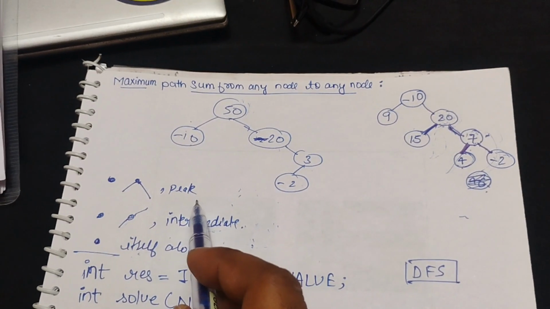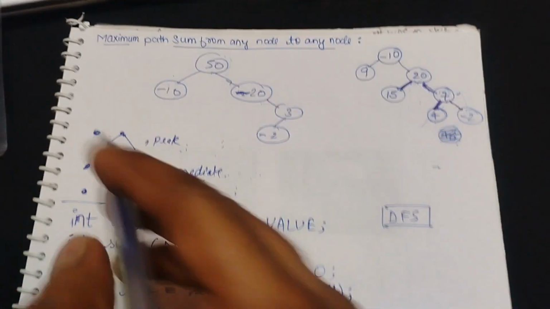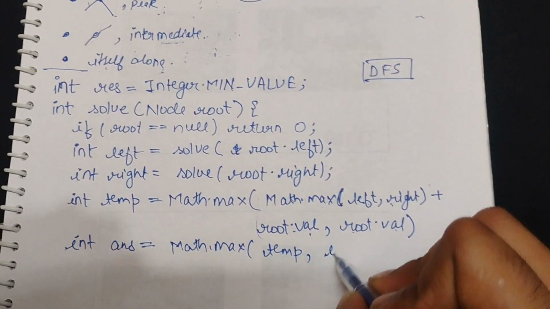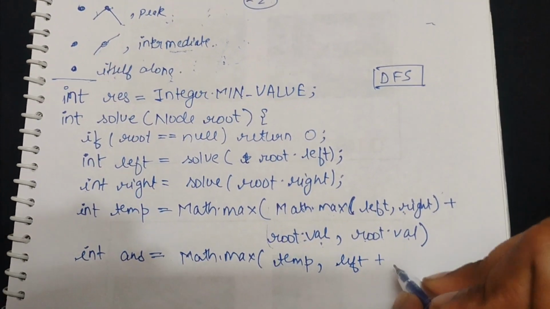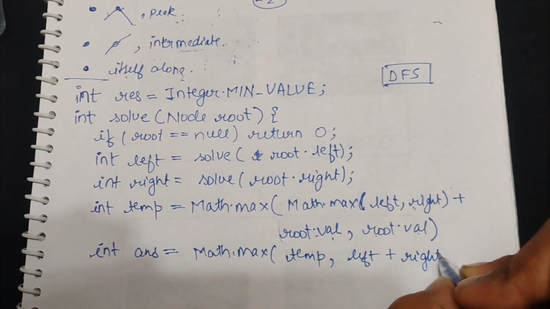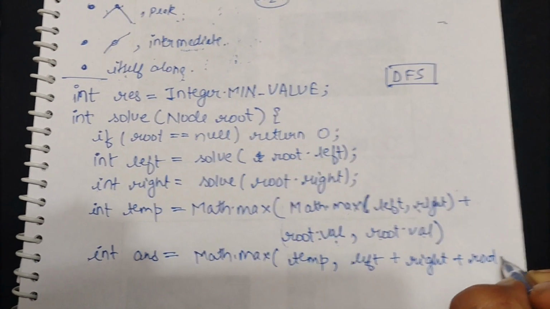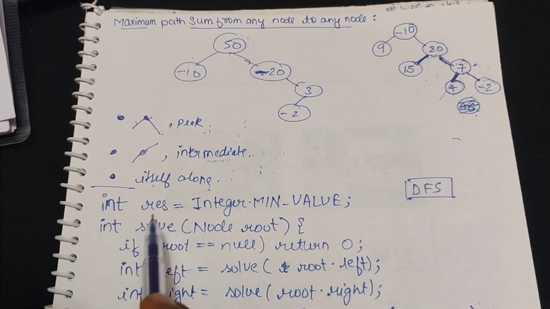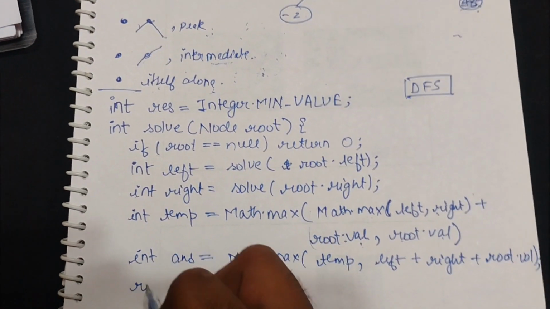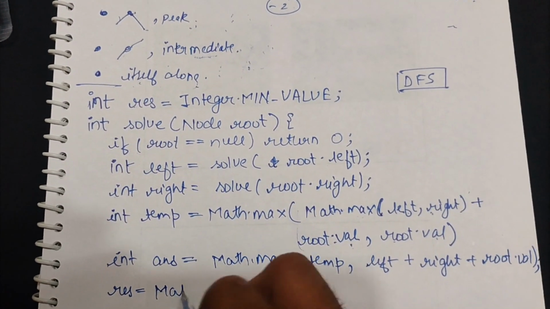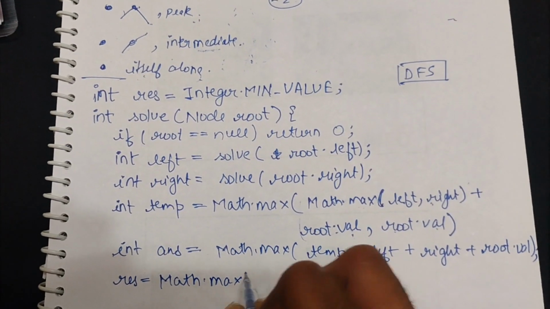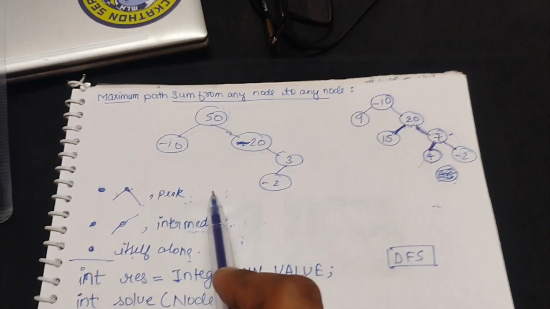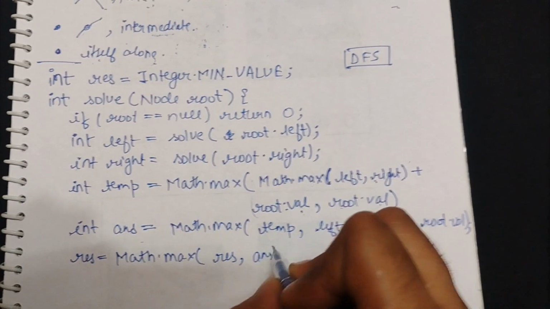Then for this peak, I'll add left plus right plus this itself, right? Left plus right plus root dot val. Now I will update this res equals to math.max, res comma this, res comma best of these 3 choices, answer.